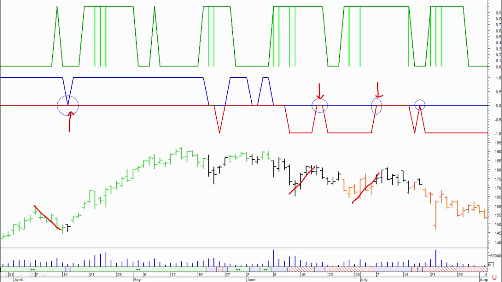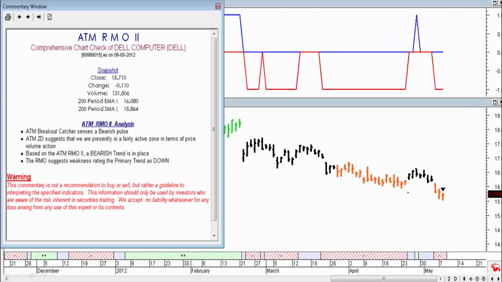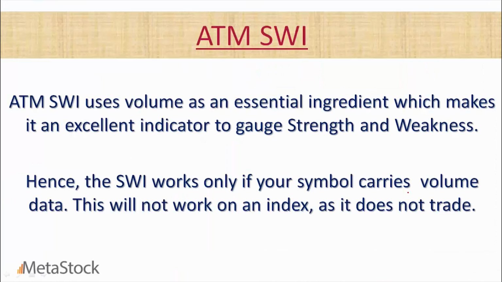So it's a beautiful market timing tool, and at the same time helps you understand whether you should be buying the call options or the put options with complete convenience and ease. This is further backed by expert commentary. So all of this integrates not just the RMO 2 but other different factors like the zone detector, the breakout catcher, so that you can all see it in one piece.